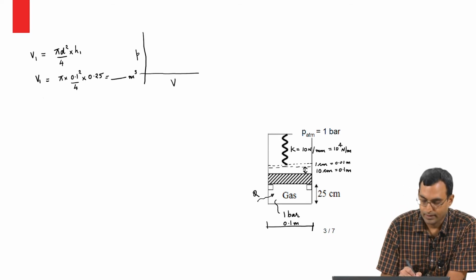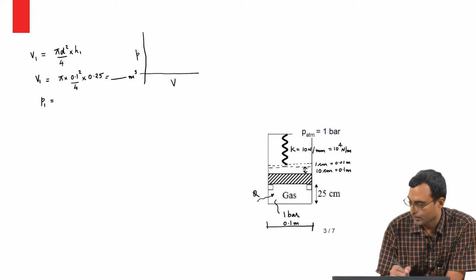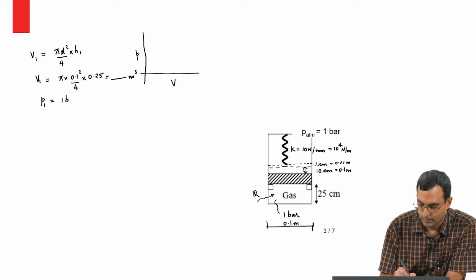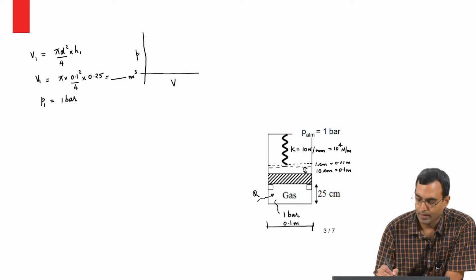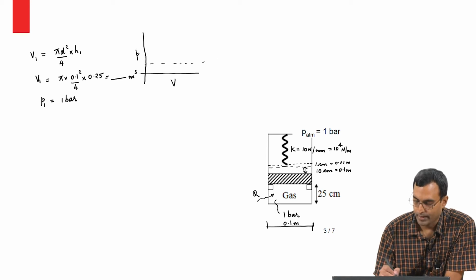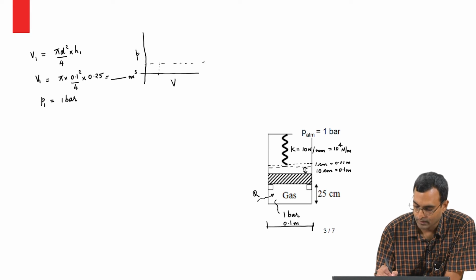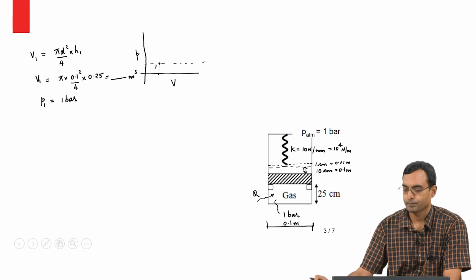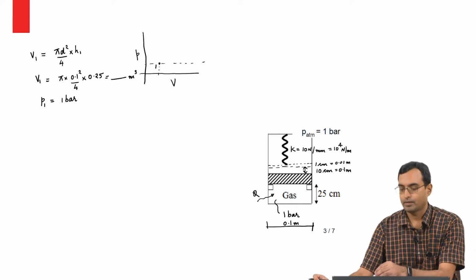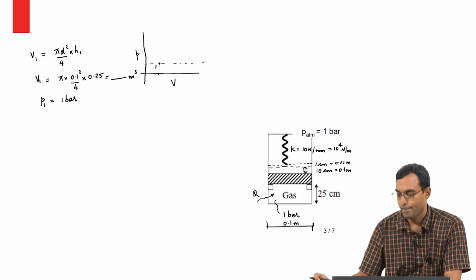So, this is the initial state. The pressure initially was given as 1 bar inside here, so I can actually plot this. I have a pressure value of 1 bar, and a volume corresponding to whatever this is, which I can calculate. That is our state 1. Now, I am going to give heat to this gas and the pressure is increasing from 1 bar.